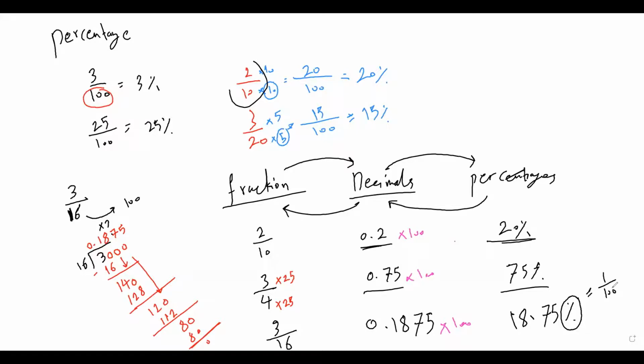So let's start with some simple questions regarding percentages. So imagine there are 100 students in the class, and out of which 88 are girls and 12 are boys. So the question is asking what percentage of the students are girls and what percentage of the students are boys.